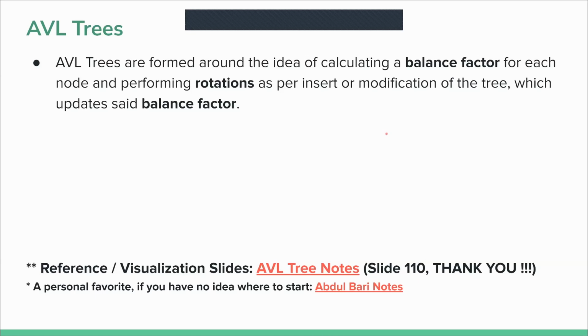Right here, I have provided some reference slides. These are, I believe, from last semester or the semester before, slides for AVL trees. They're really good. If you want to visualize, you can look through these. A lot of the material I have here covers most of that, if not all of it, but it's just another way to see it if you would like.